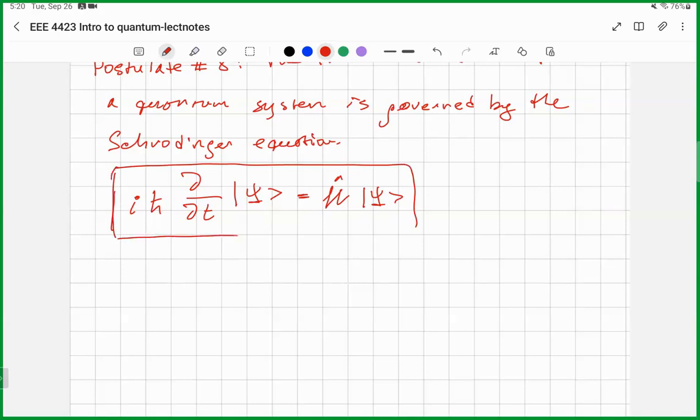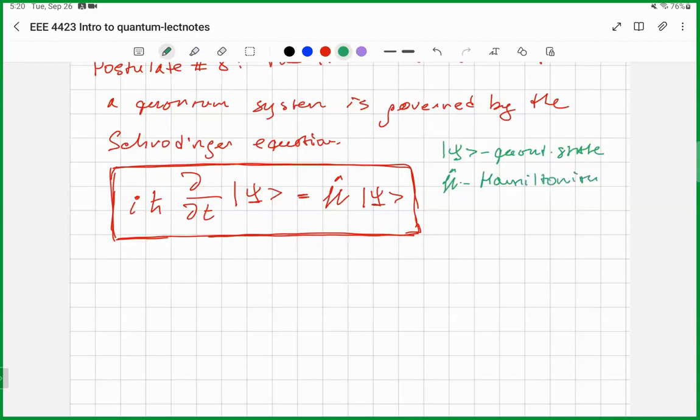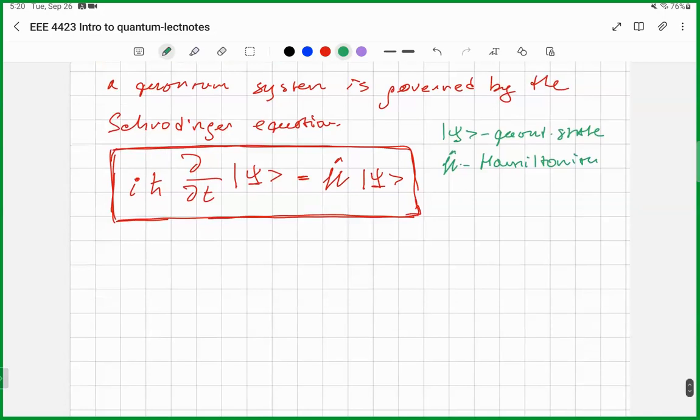This is the main equation of quantum mechanics. Here psi is the quantum state, the H operator is the Hamiltonian, the operator of energy, and i is the square root of -1.